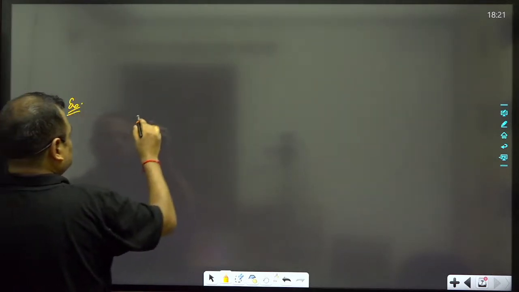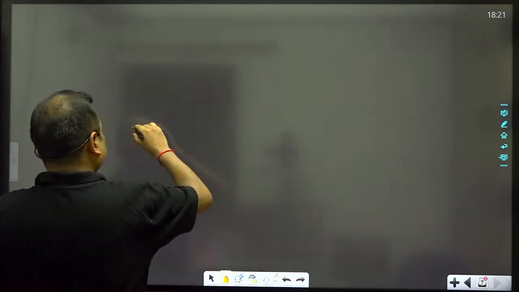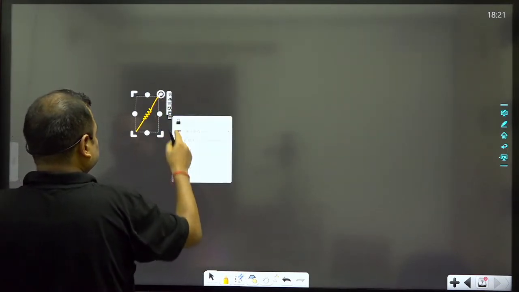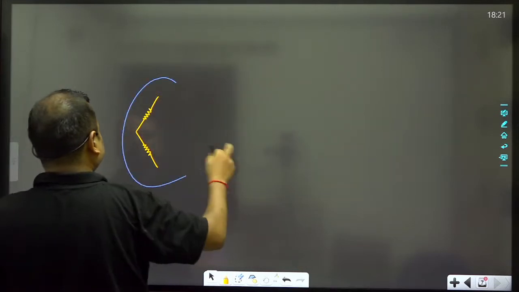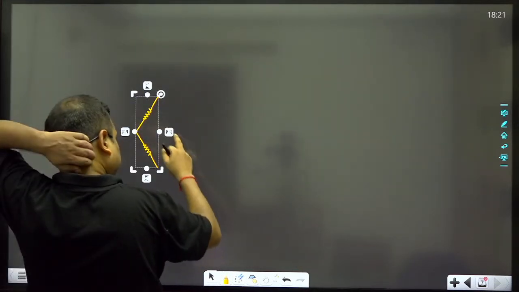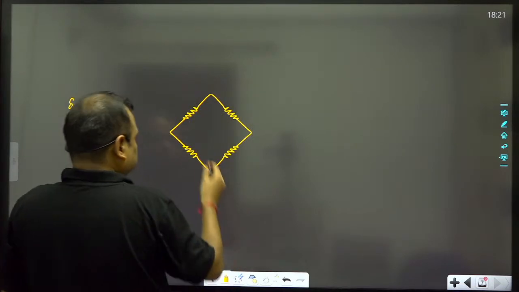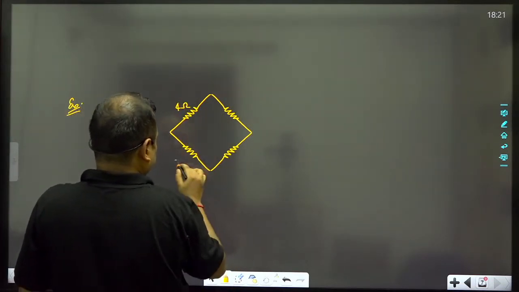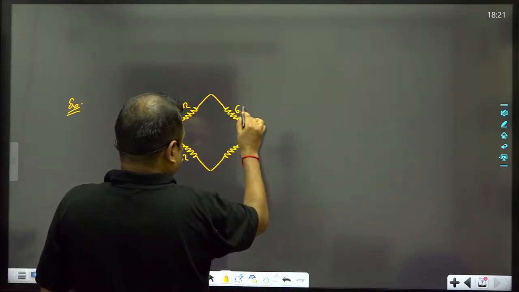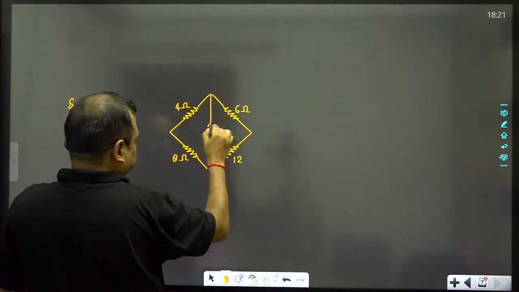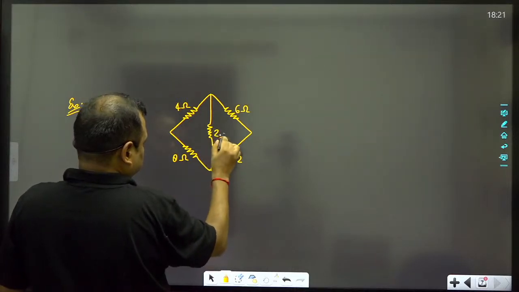Let me give you some questions based upon this, just like an example. Suppose these are 4 ohms, 8 ohms, 6 ohms, or 12 ohms, and 2 ohms.